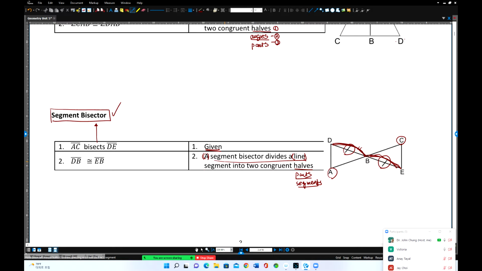This is a perfect reason for the segment bisector. When you have a segment bisector, you can say a segment bisector divides a segment into two congruent parts or two congruent halves and two congruent segments. You can use any vocabulary there. This is a segment bisector.